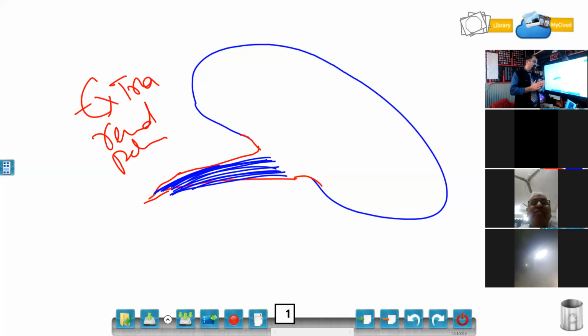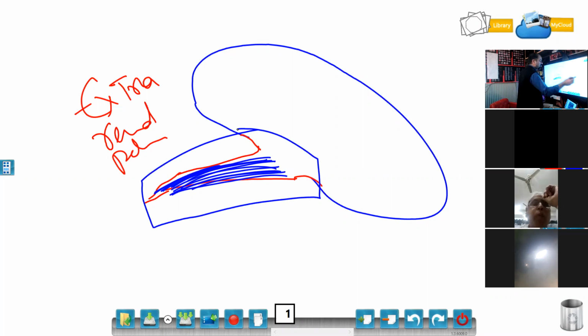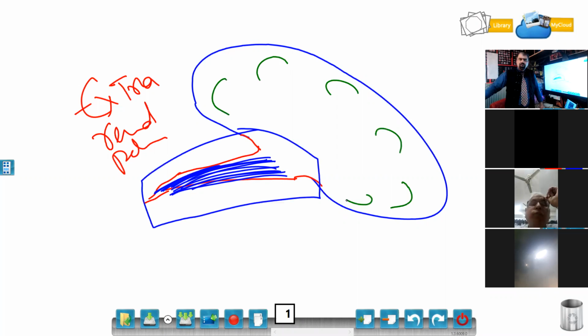Now, how can I think on the lines of extrarenal pelvis? First of all, you have to think more when you are doing ultrasound. Time and again, I am telling this point: you have to think more and you have to see less. You don't have to see only. Now see, if this is a hydroureter, why is there no hydronephrosis? This is a very important point. If there is hydroureter, there has to be hydronephrosis.